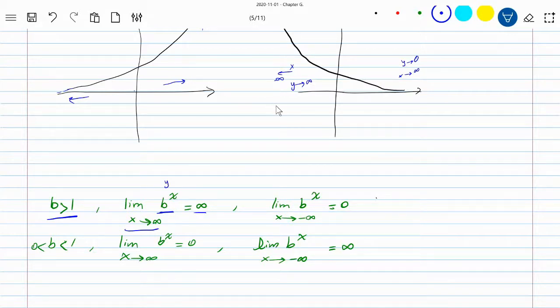On the other side, if you let x go smaller, in this direction, the y value is approaching 0. This is when the base is greater than 1, which means you have an increasing function. In the other direction, when the base is between 0 and 1, everything is flipped. So if x is increasing, the y value is approaching 0. If x is approaching negative infinity, then the y value is going toward positive infinity.